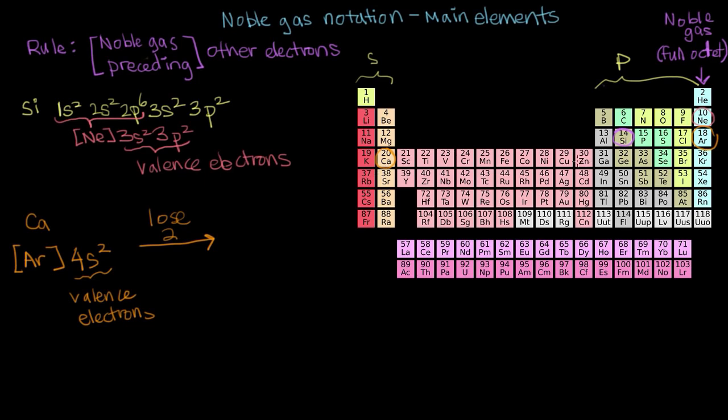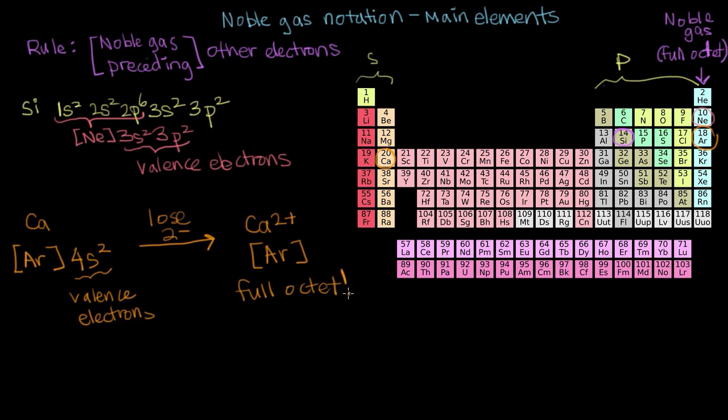It would be gaining 10 plus 6. So when calcium loses 2 electrons, it becomes the calcium 2+ cation. Then the electron configuration is really short, because it's going to lose these 2 valence electrons, and then it will have the electron configuration which is just the same as argon. We can tell really easily looking at this that calcium 2+ has a full octet.